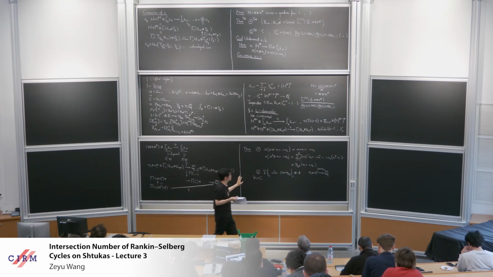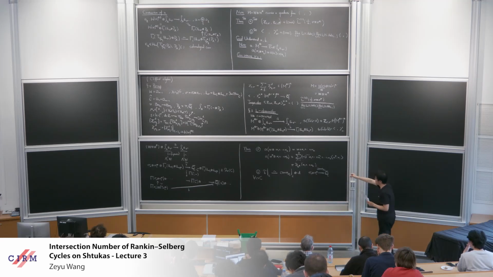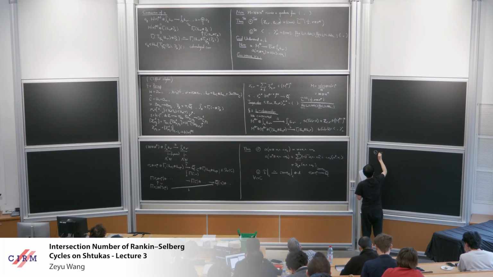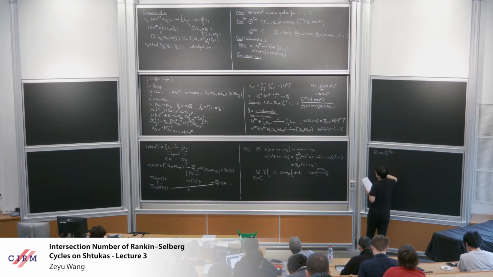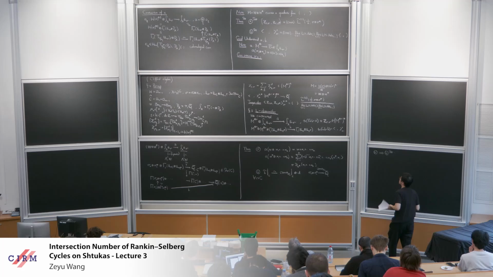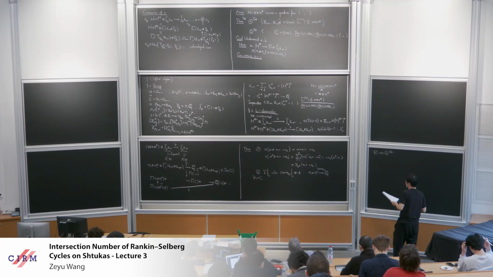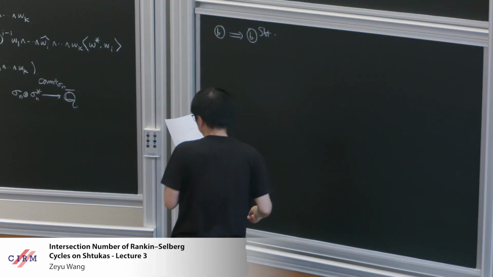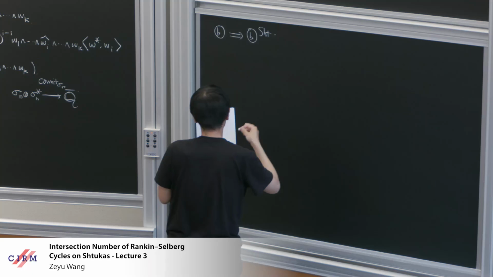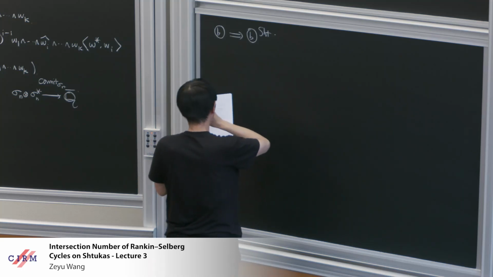Okay, so if there's no question at the moment, I can first explain how I can use B to deduce B for Shtukas. In particular, this should prove the non-degeneracy of the intersection pairing. So it's via the following way.